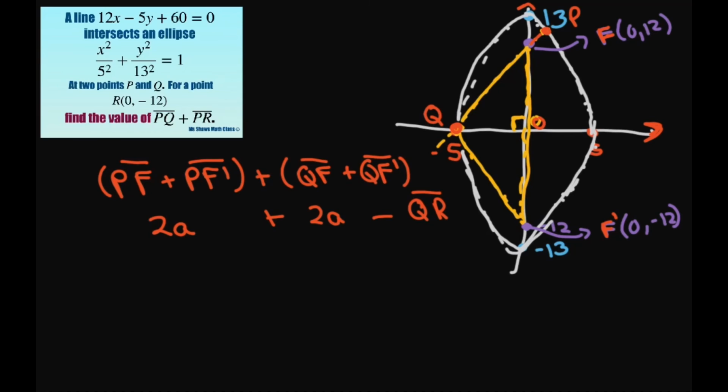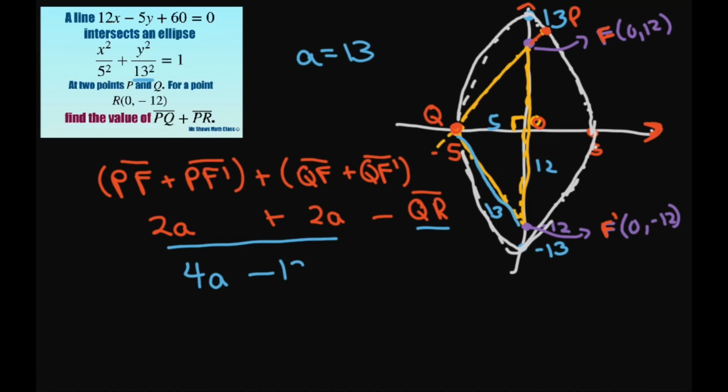All right. So our A, if you recall, was 13. It's right here. So basically all we have to do is add these up, and we're going to get 4a minus QR, which is going to be 13, because this was 12, 5, and 13.